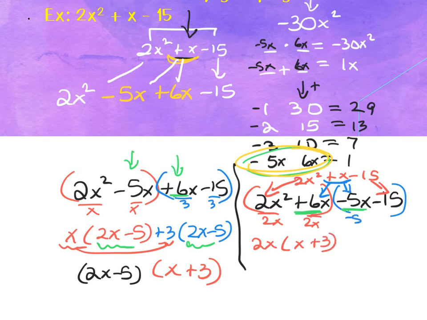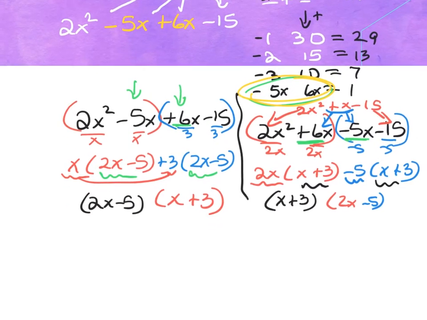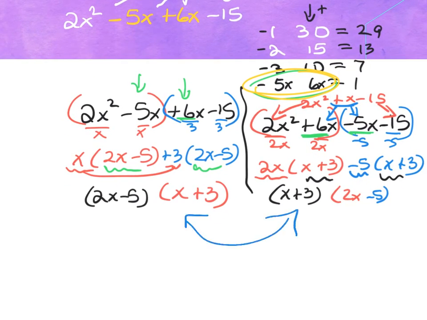GCF here is -5. And now these look the same. So you write x plus 3, and then you take this 2x and this -5, and you're done. Notice it's the same answer.